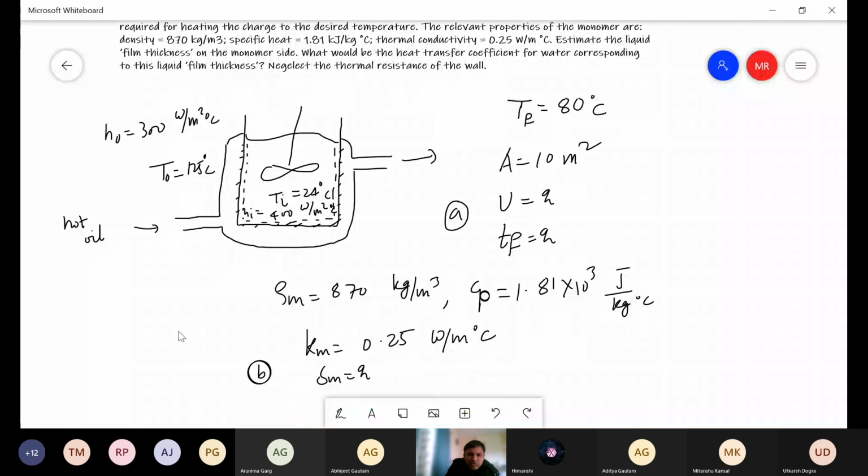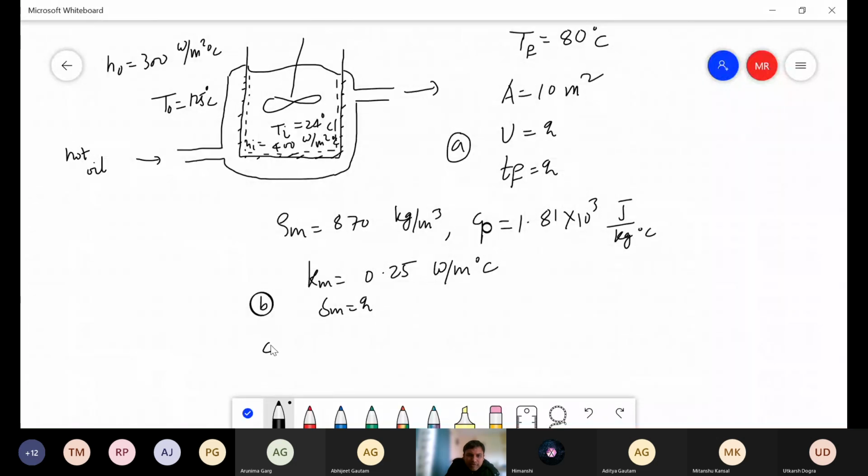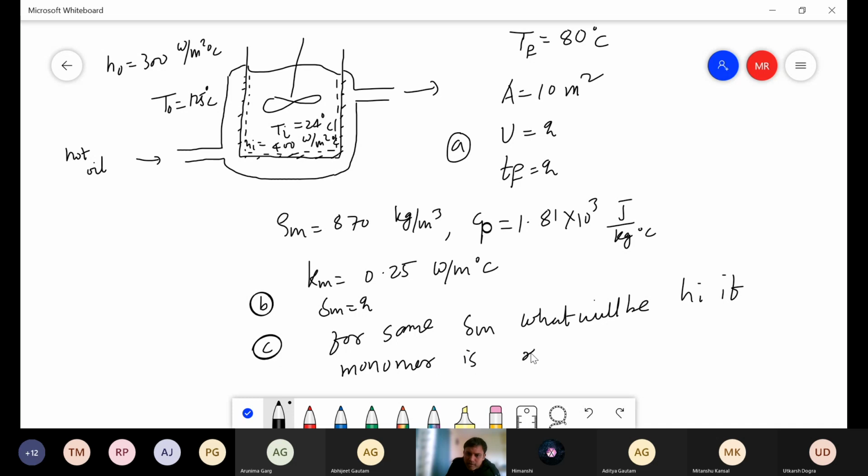In part C, what we need to calculate is, for the same delta M, what will be Hi if the monomer is replaced by water.